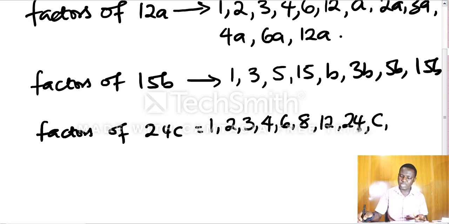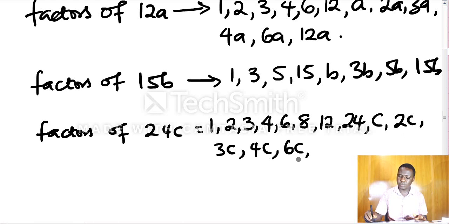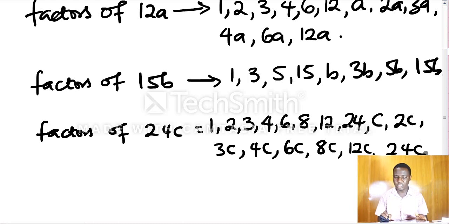So the letter times the numbers will be 2c, 3c, 4c, 6c, 8c, 12c, and 24c. So these are the factors of 24c.